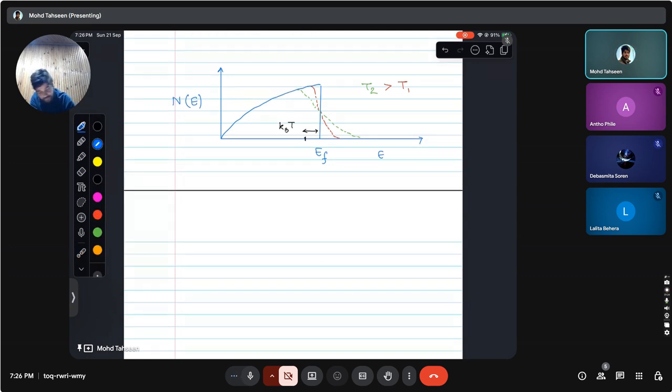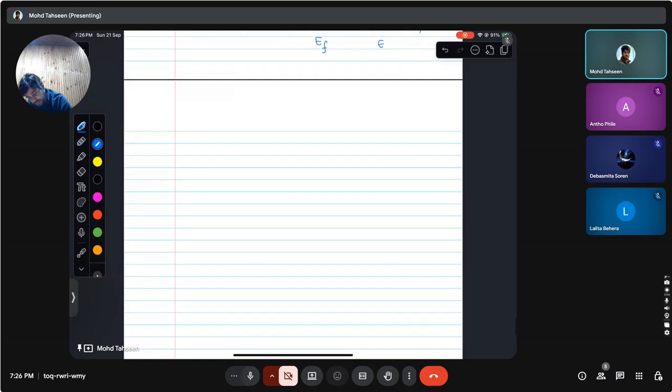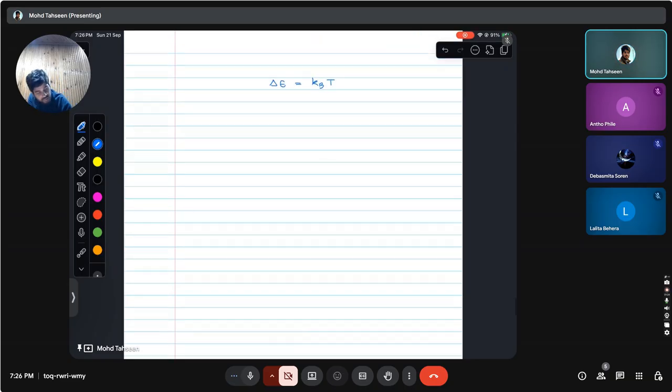Now what we do is set this delta E equal to kBT for now, although it's proportional, but let's set it equal to kBT.